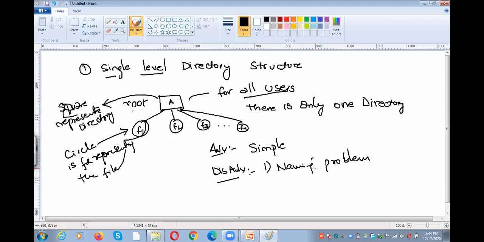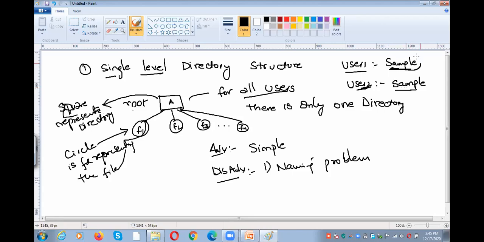What is the naming problem? For example, user 1 has a file called sample. User 2 is also willing to keep the file name as sample. If both are willing to use the same file name, then automatically what will happen?